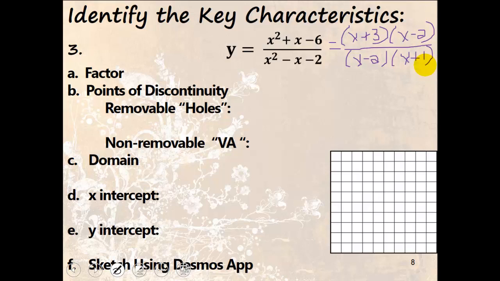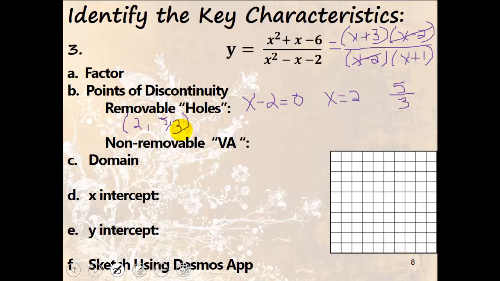Okay, do I have any removable holes? Yep, I do, here and here. So that's going to be at x minus 2 equals 0. So at x equals 2. If I plug that into the remaining factors, I get 2 plus 3 is 5 over 2 plus 1 is 3. So this is going to be a removable hole at 2 and then 5/3.